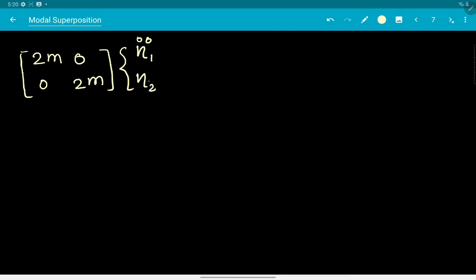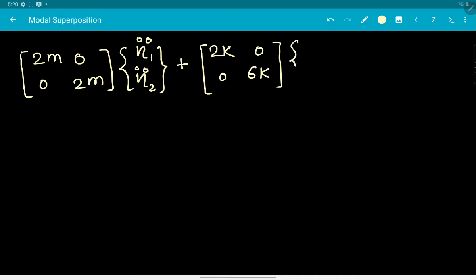Hence, what is the final equation that we have obtained? It is 2m 0 0 2m times eta 1 double dot, eta 2 double dot, plus 2k 0 0 6k times eta 1, eta 2, equal to, on this side, f1 tilde, f2 tilde.